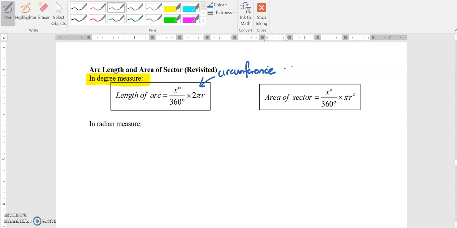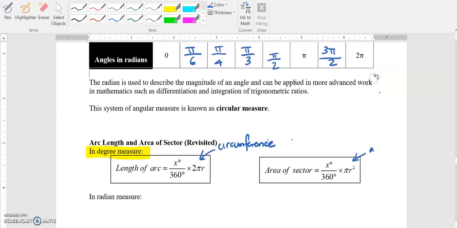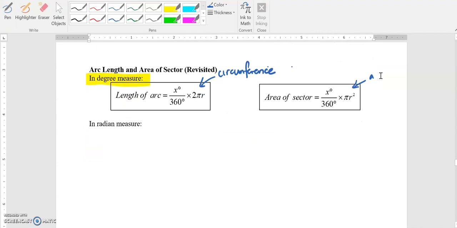We also learned earlier that it is x degrees out of 360 degrees times pi r squared, remembering that this formula here is the area of circle. Area of sector is a portion out of the whole entire circle's area. Therefore, it is that proportion over there.